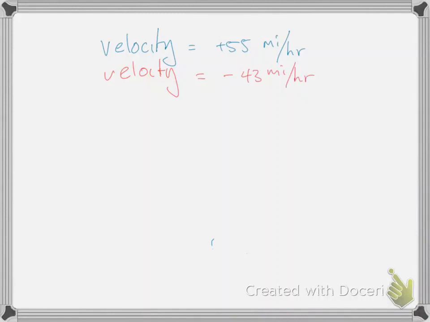Actually, that was a bad example. Hold on. Okay, so let's say I have a blue car that's going at positive 55 miles an hour and a red car that's going at negative 55 miles an hour. Which car is going faster?